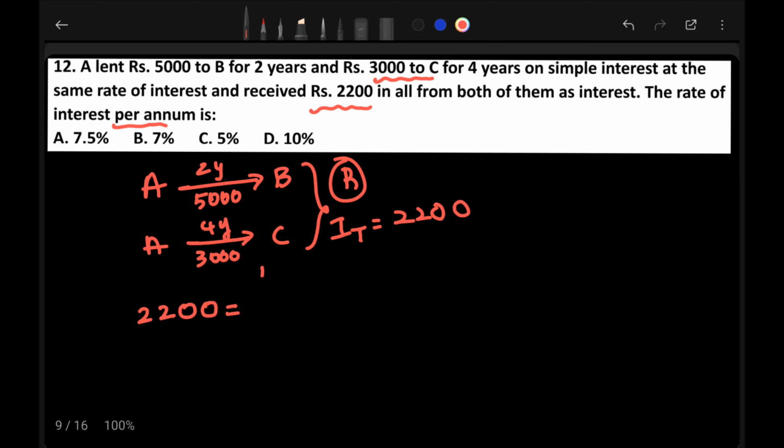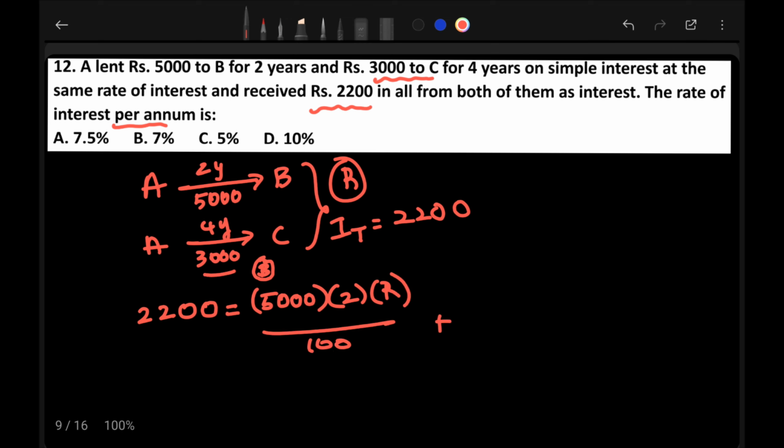Now total simple interest earned equals the simple interest earned from B, which is P, what is time T, R is what we need to find, by 100, plus for C, 3,000 into time 4 years into R divided by 100.